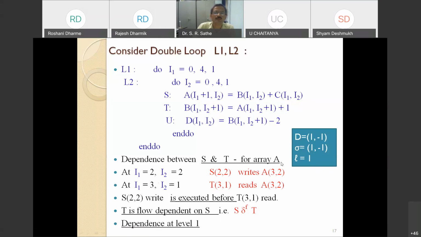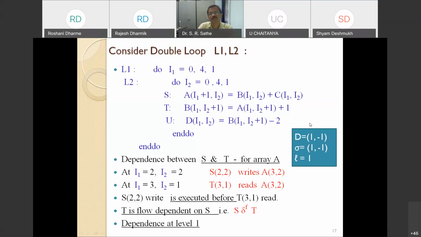What is the dependence vector in this case? You subtract 3 minus 2, that is 1, and 1 minus 2, that is minus 1. So you get a dependence vector of 1 comma minus 1, and the direction vector is 1 comma minus 1. So it is a positive dependence vector. Here I can explain the level. The first non-zero entry is 1, and it is at level 1.